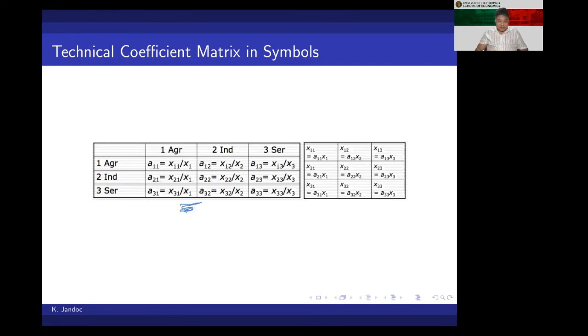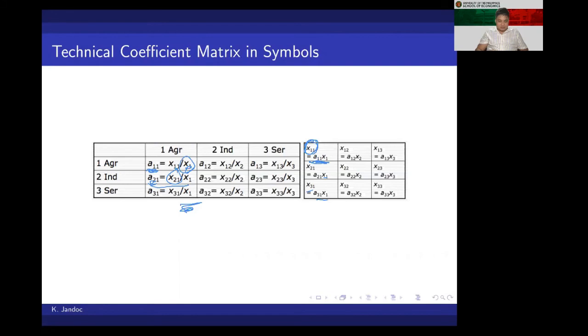So this is the same as the previous slide. Now notice that you can recover the entry X11 by multiplying A11 with the total output of sector 1. Okay, so you can recover X11 by multiplying A11 with X1, X21 by multiplying A21 with X1, okay, and so on and so forth.